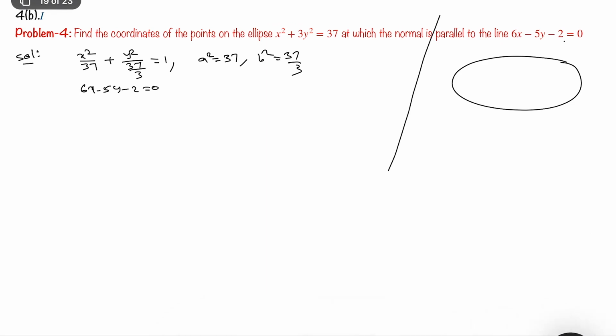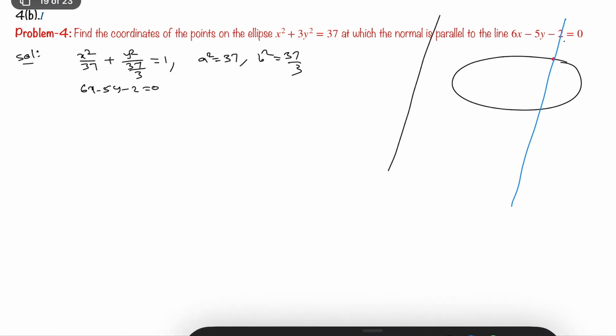In this problem, we are looking for a point on the ellipse at which the normal should be parallel to the given line. So this may be the point at which the normal is parallel to the given line. If that is the case, the tangent at that point should be perpendicular to the given line.